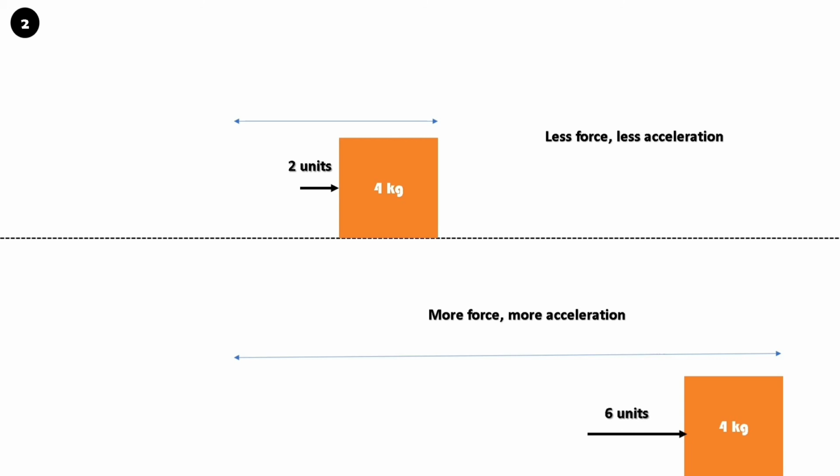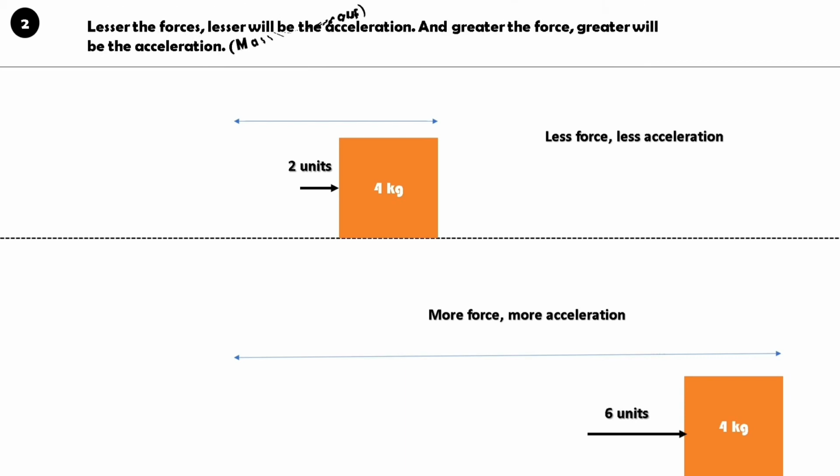Due to this, it has travelled with more acceleration when compared to the first case. So lesser the force, lesser will be the acceleration, and greater the force, greater will be the acceleration when mass is constant. Mathematically, it can be represented as F is directly proportional to a. It means if F increases, acceleration increases.